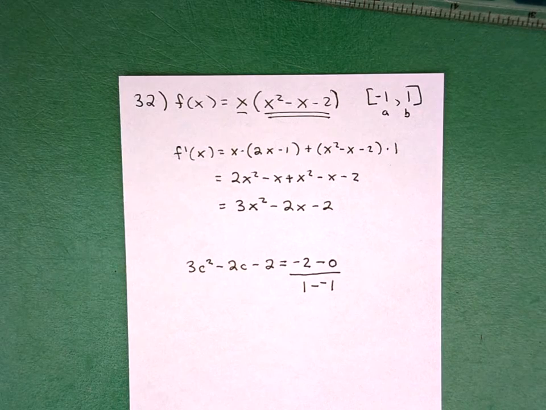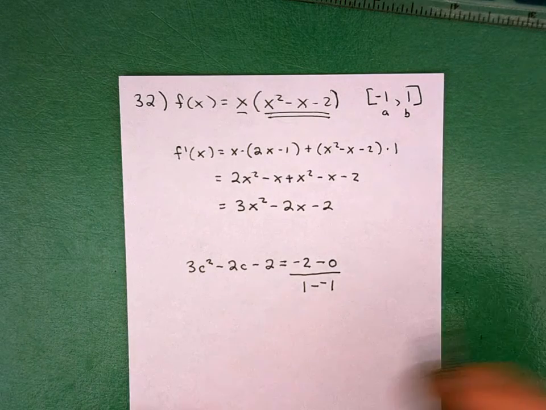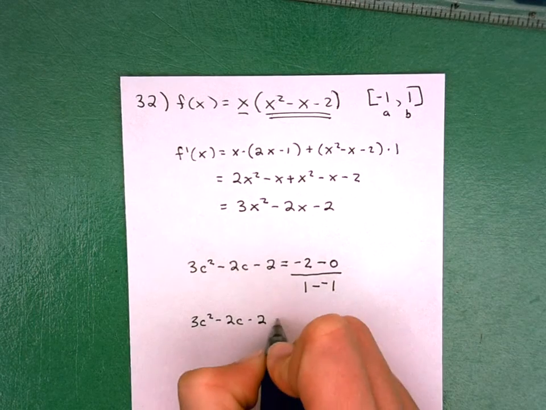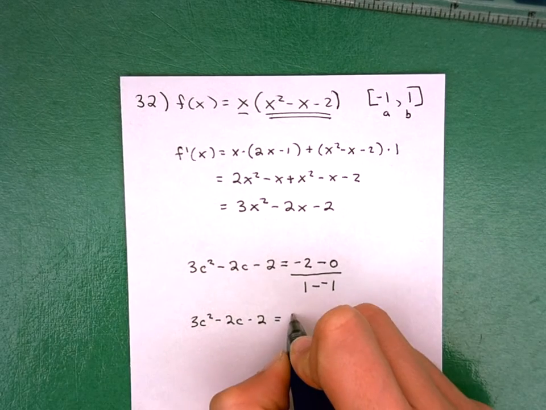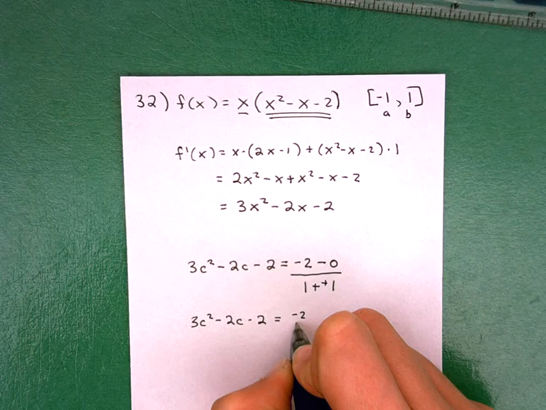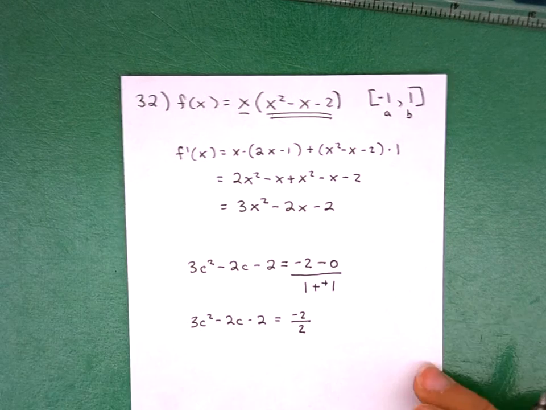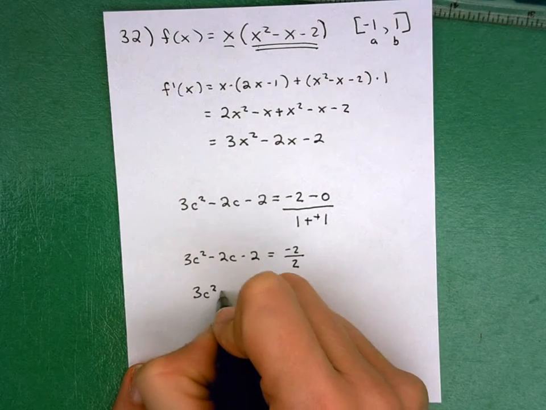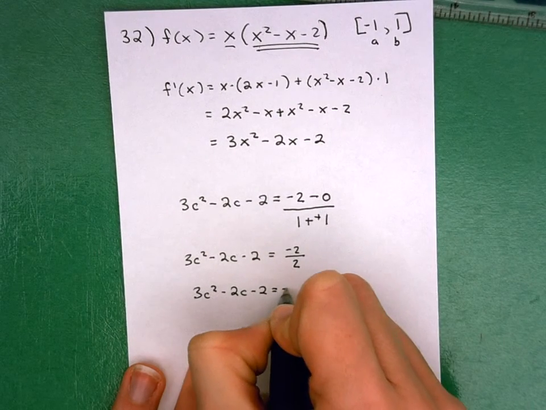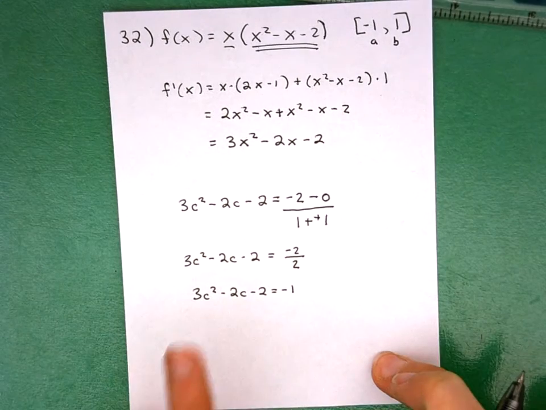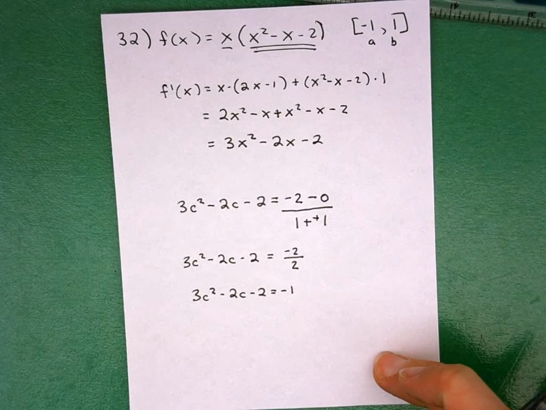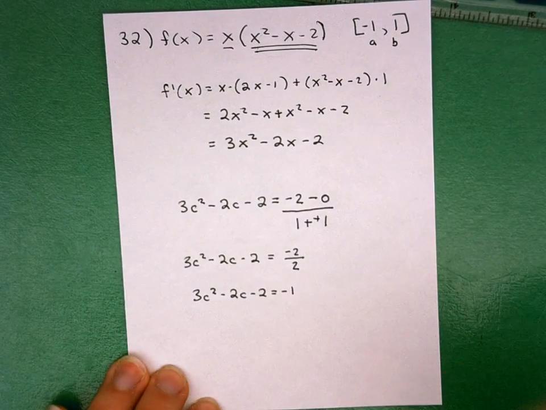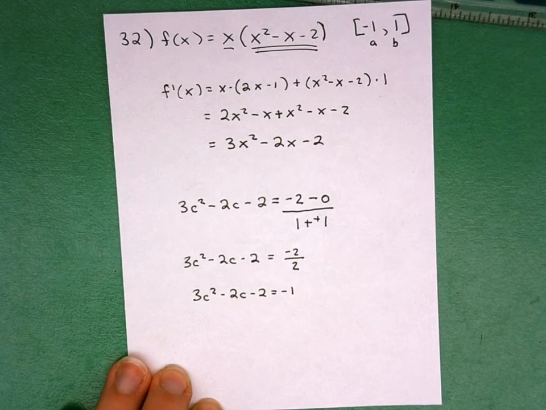And then at this point we're going to solve for c. So I've got 3c squared minus 2c minus 2 equals negative 2 minus 0 is negative 2, over 1 minus negative 1, which is 1 plus 1, or 2. And so then we've got 3c squared minus 2c minus 2 equals negative 1. And then I'm noticing I've got a quadratic, with two c's, so I want to make sure that I've set this equation equal to 0, because then I can either use quadratic formula or factor.